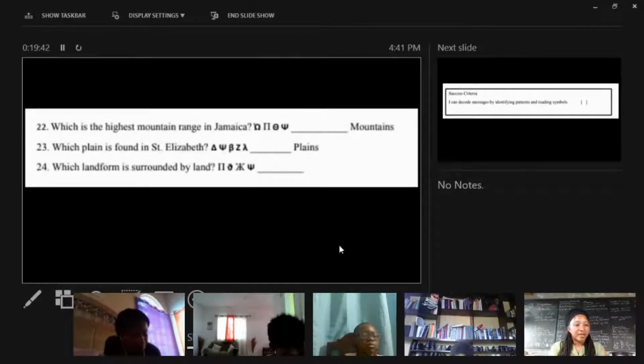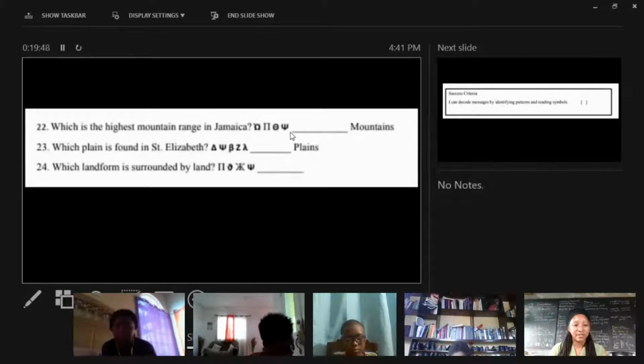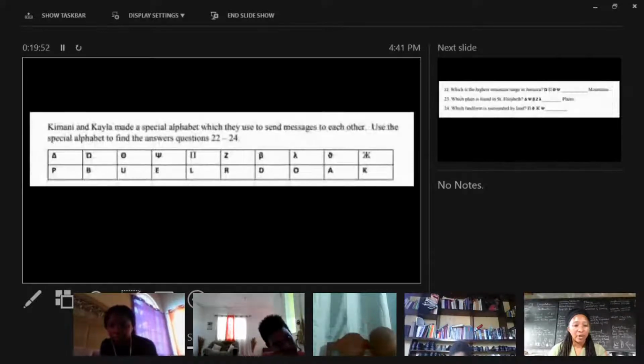All right, so if we look at 22, it's 4 symbols. These are the symbols.